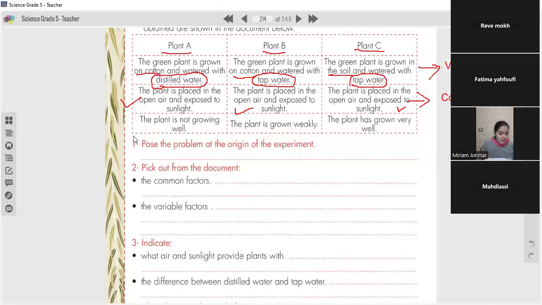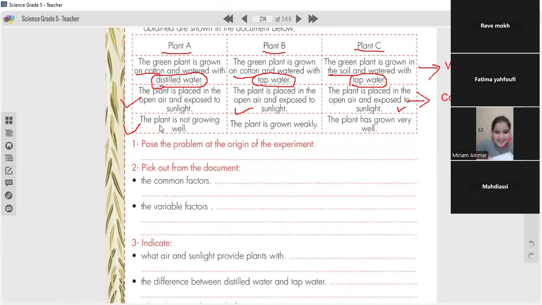Read the results first. What happens to plant A? Read the last row of the table.